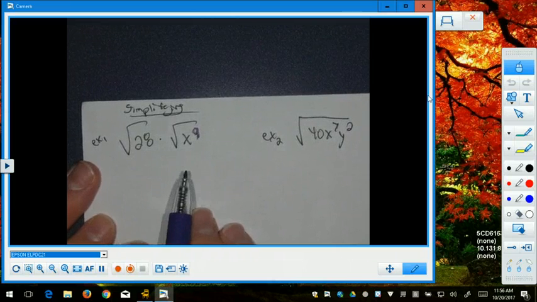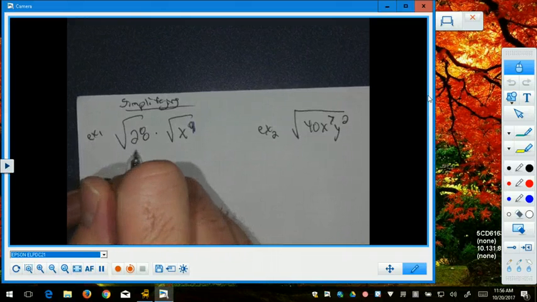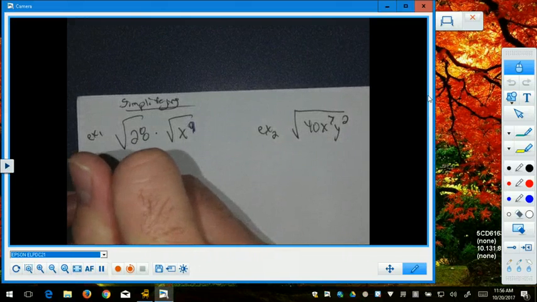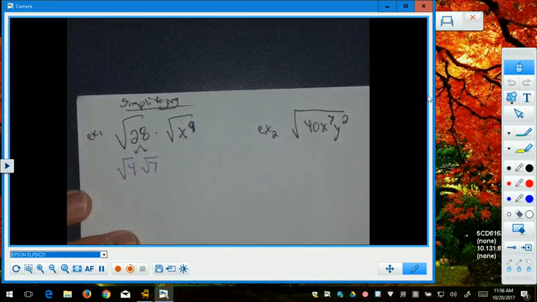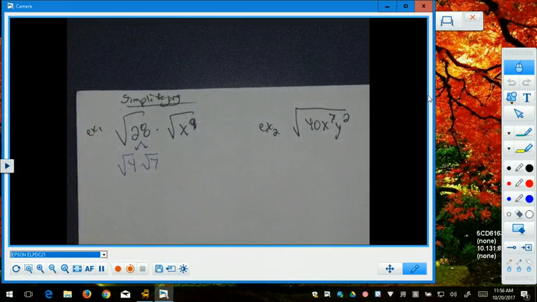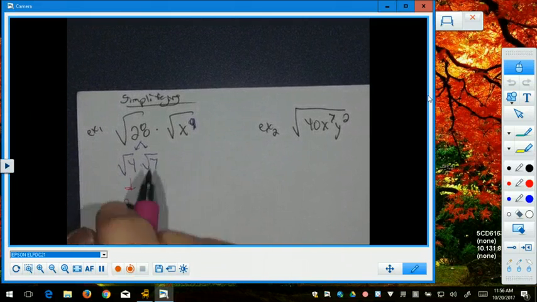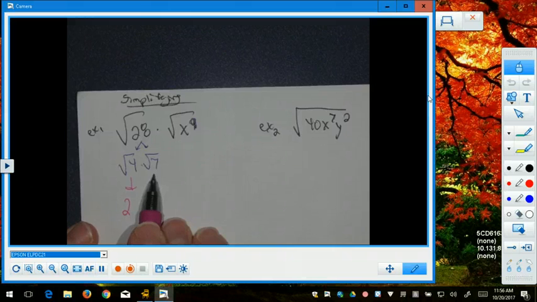So I have square root of 28, and the largest perfect square that goes into 28 is 4. So I have square root of 4 times 7. That's what the square root of 28 splits into. The square root of 4 is 2, and for the square root of 7, I double checked my list of perfect squares to make sure I did get the highest one.